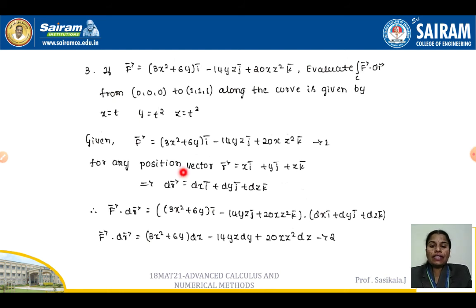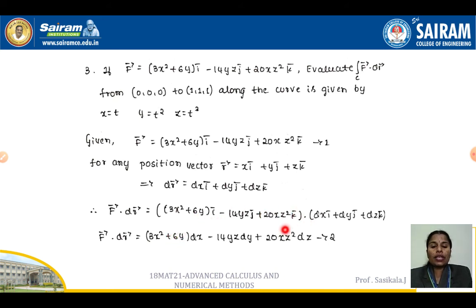F vector is given as 3x square plus 6y i vector minus 14yz j vector plus 20xz square k vector. For the position vector, what is your r vector? x i vector plus y j vector plus z k vector. So dr vector, you know, dx i vector plus dy j vector plus dz k vector. So find your F vector dot dr vector.